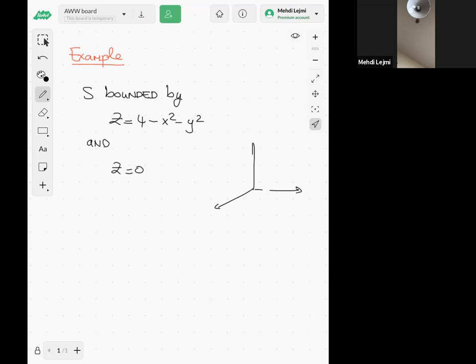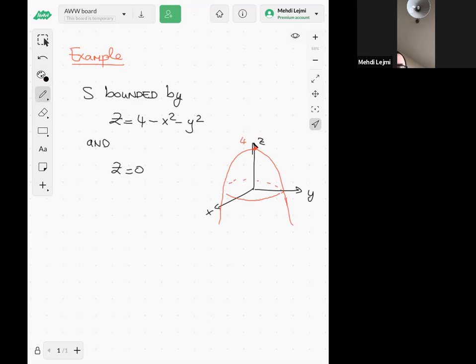If you try to sketch the solid S, we said you have this paraboloid, right? This one here. So this should be 4 here. This is of course x, y, and z. When x and y both are 0, z would be 4, right? The height z would be 4.